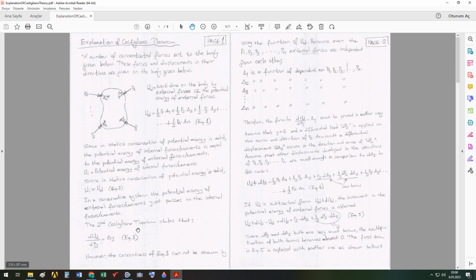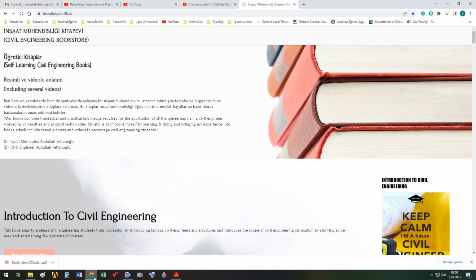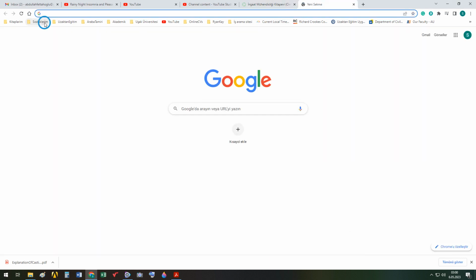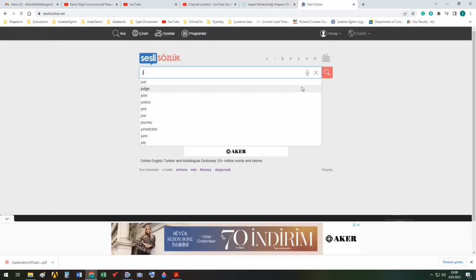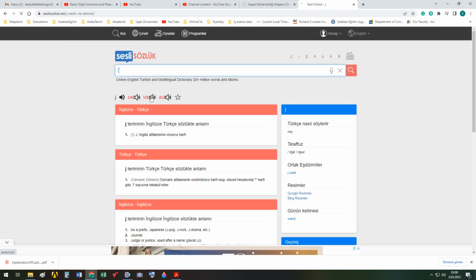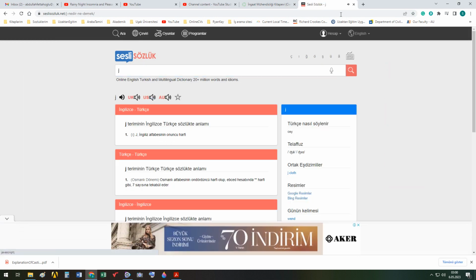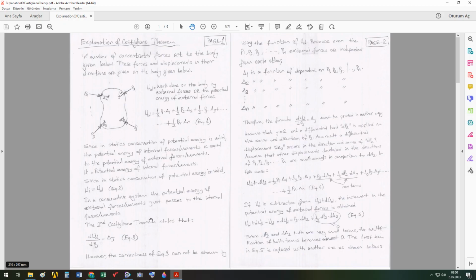The second Castigliano theorem states that the first derivative of UD with respect to Pj is equal to delta j.